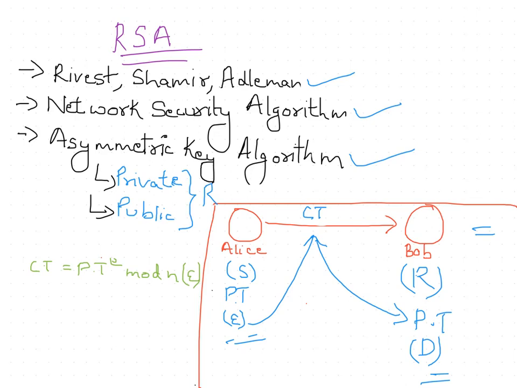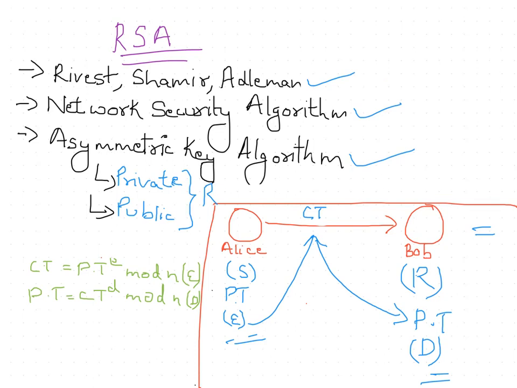On the receiver side, we have the decryption process where the plain text is equal to the ciphertext to the power D mod n. This is the decryption process that happens on the receiver's end using RSA.